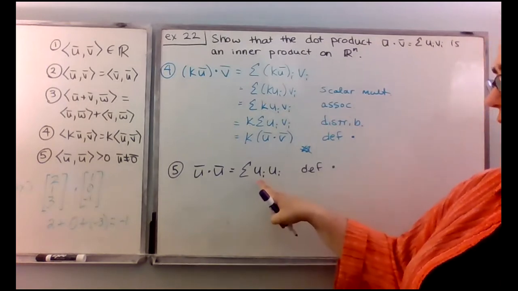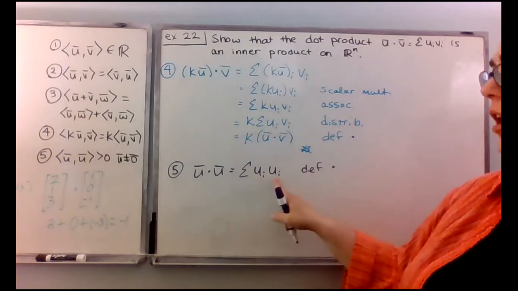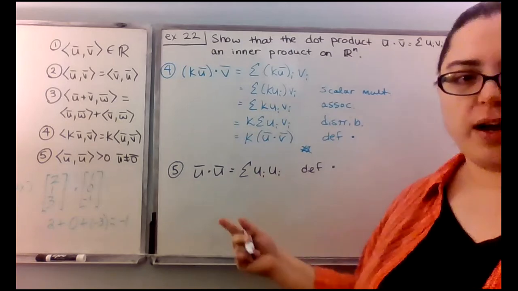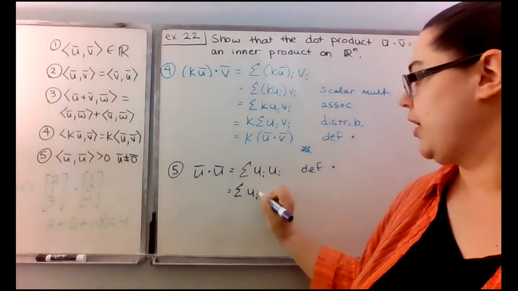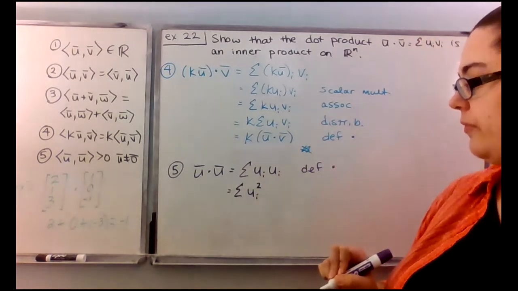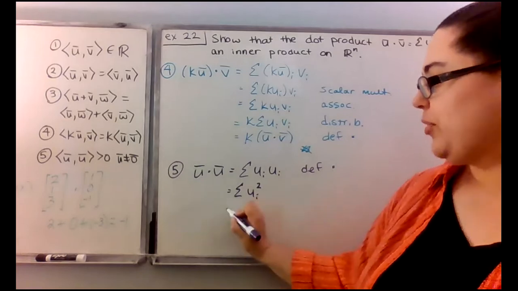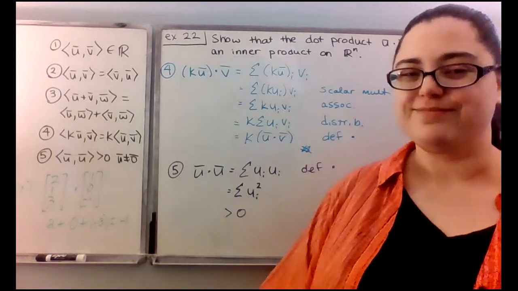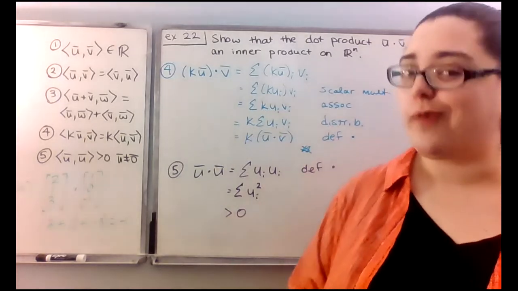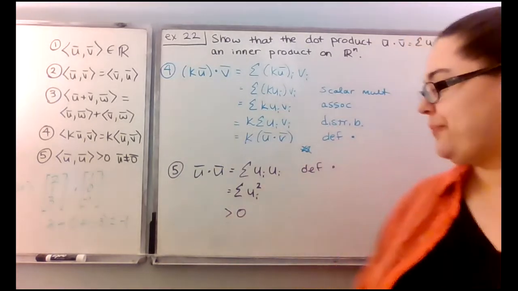Now, these are the same value, so I can rewrite that as u_i squared. So this is the sum of u_i squared. And I'm going to put just that it's greater than 0. That's going to take some explaining as to why that's going to end up being greater than 0.